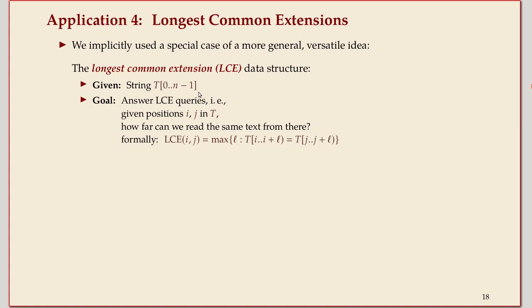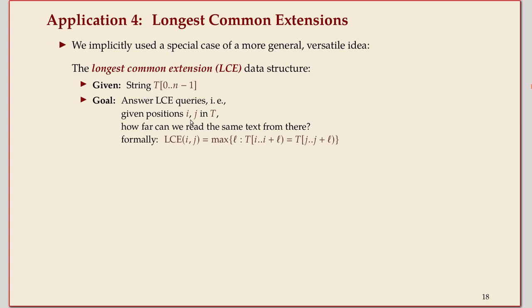We're given a string, a text, as usual. And the goal is to spend some time on this string, but then have a way to quickly answer LCE queries, longest common extension queries. And those, again, are given 2 positions in the text. And I ask you, how many characters can you continue reading at these 2 positions simultaneously?